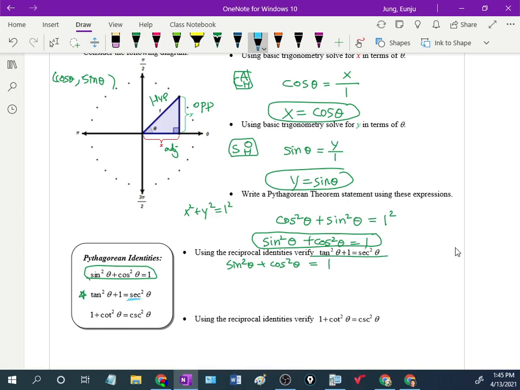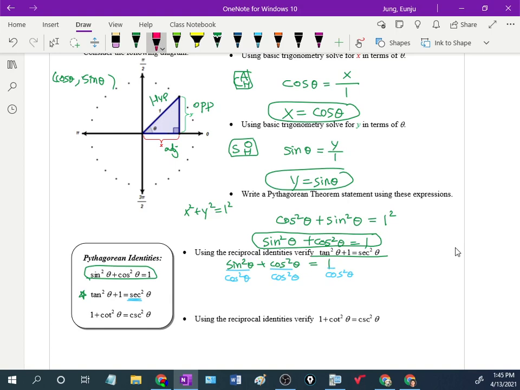Look at the formula. What do I have? Secant, right? So how do I get secant? Secant is the reciprocal of cosine. So I'm going to divide everything by cosine squared of theta, both sides equally. And then let's derive the identity.